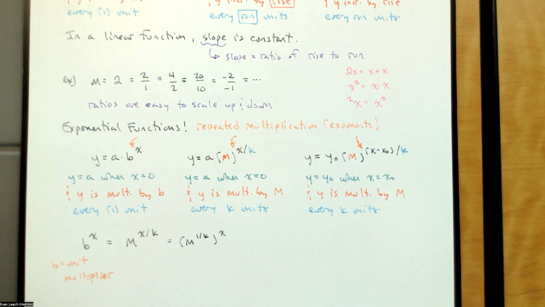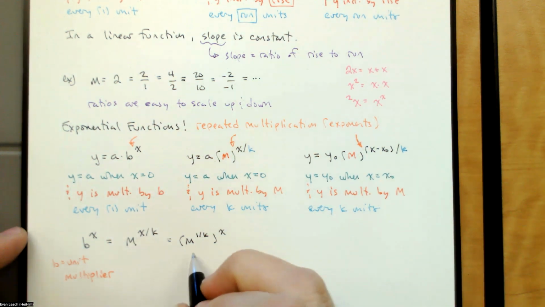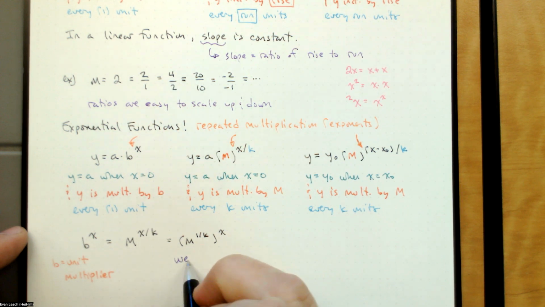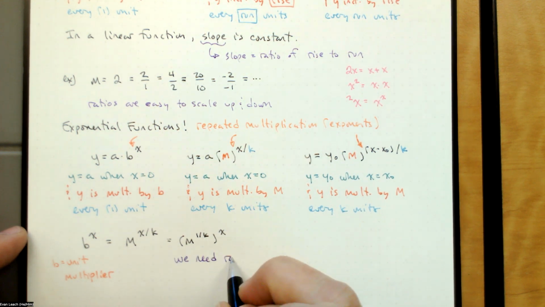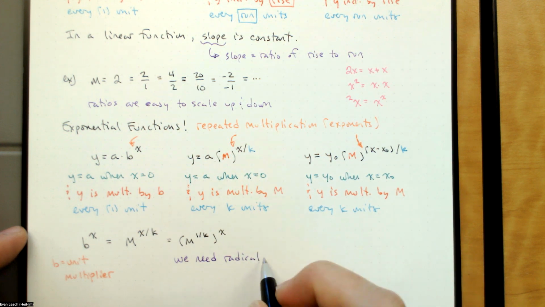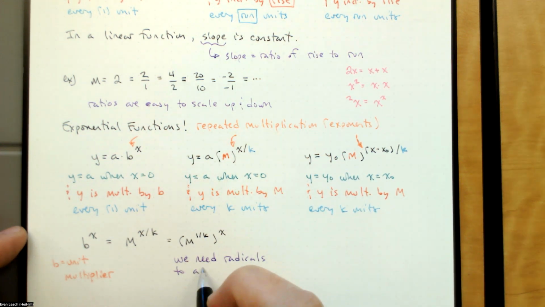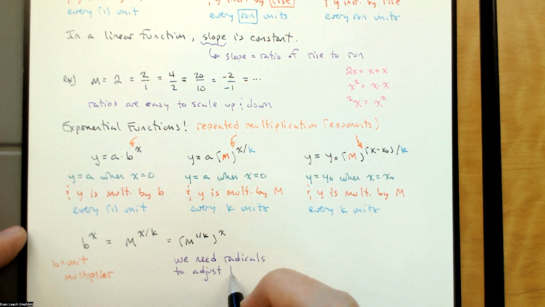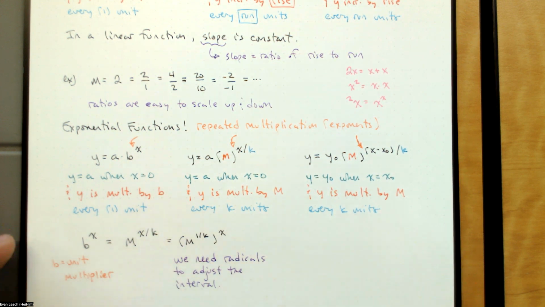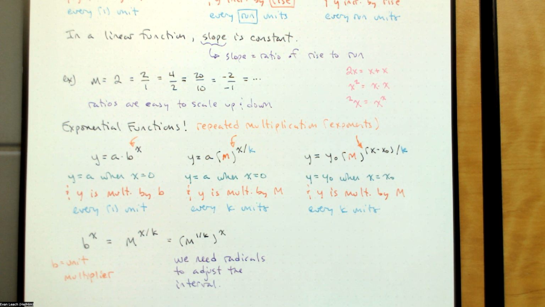So we have to use radicals to change our interval. We need radicals to adjust the interval. That's why it's less easy.